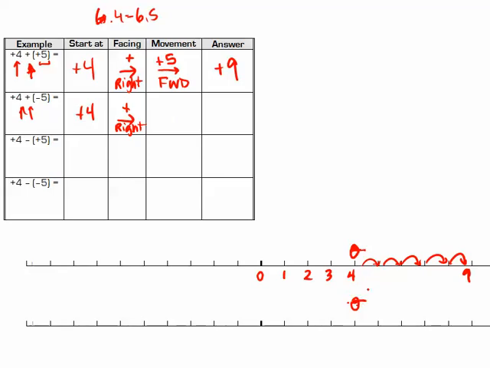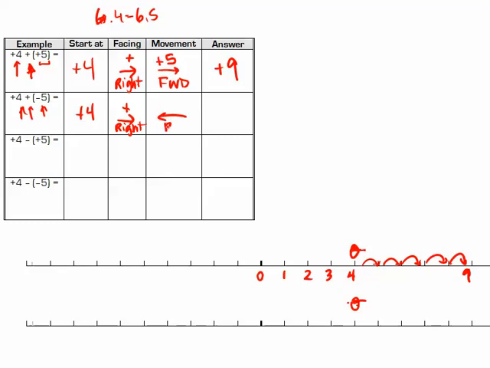Now we have a tricky third sign. This means he's going to be stepping in a different direction than he is facing. He's facing forward, but he's stepping backwards, because this negative 5 means 5 steps ago. Where was he 5 steps ago?